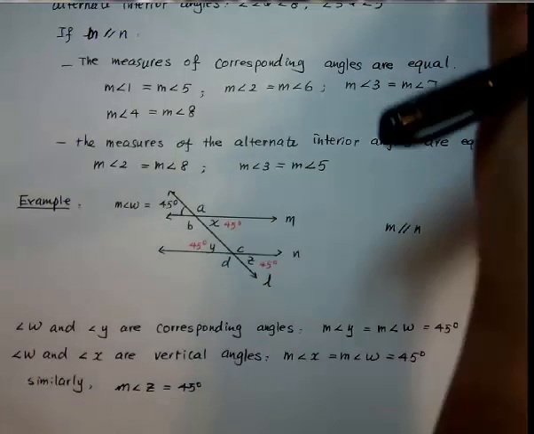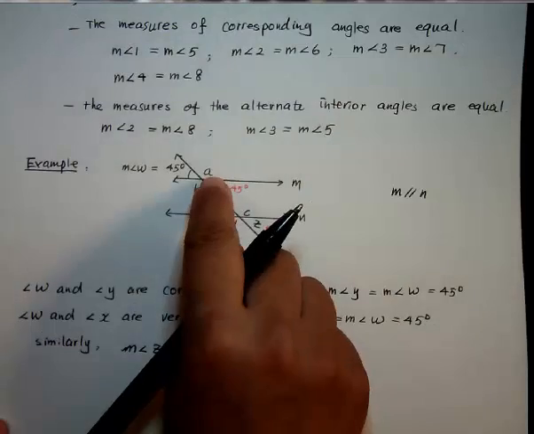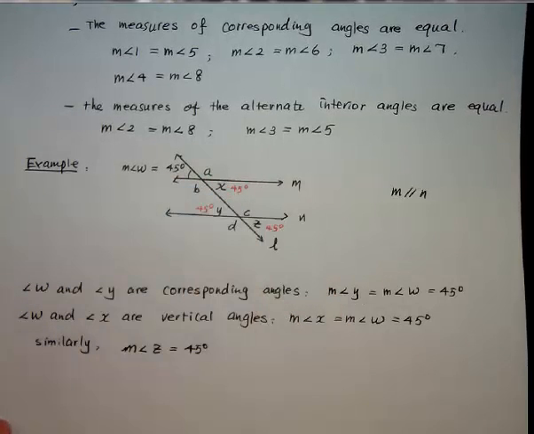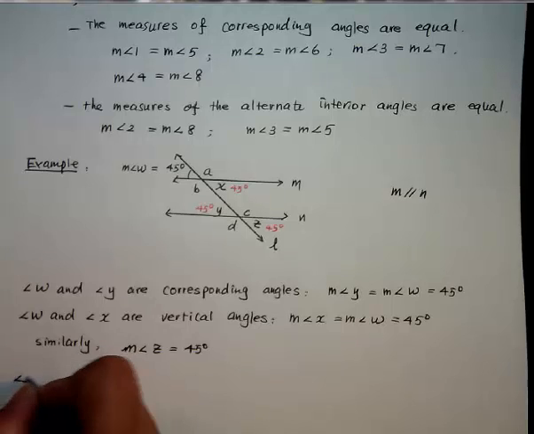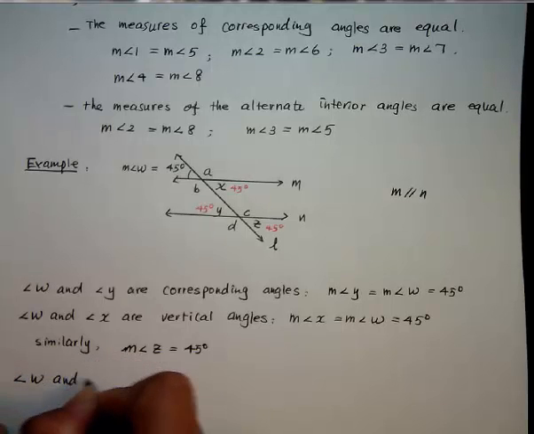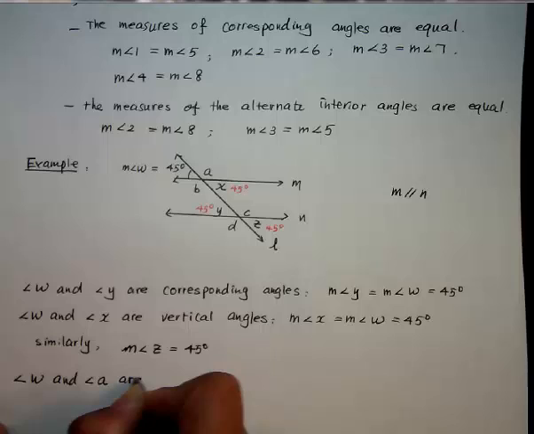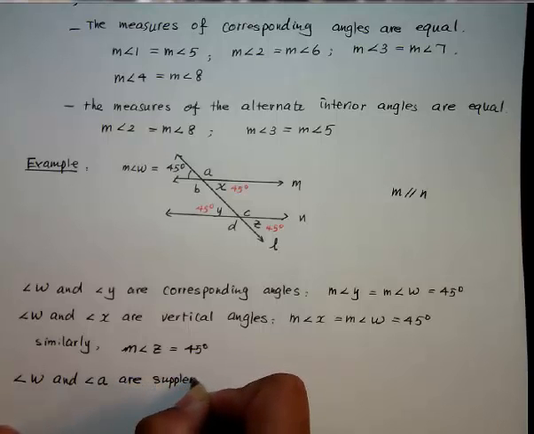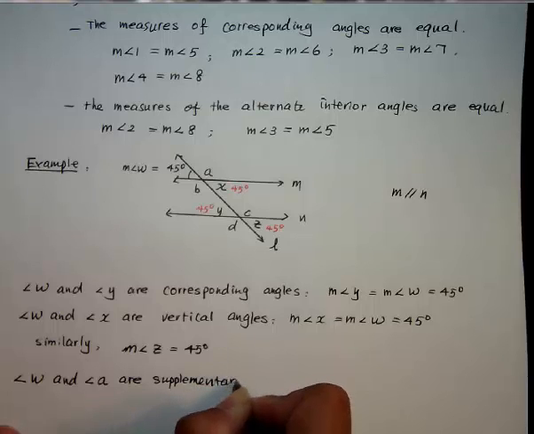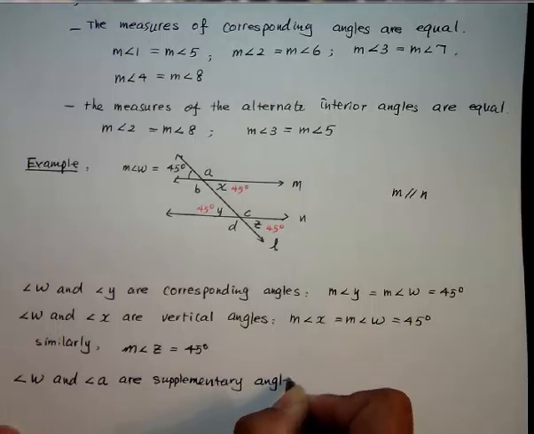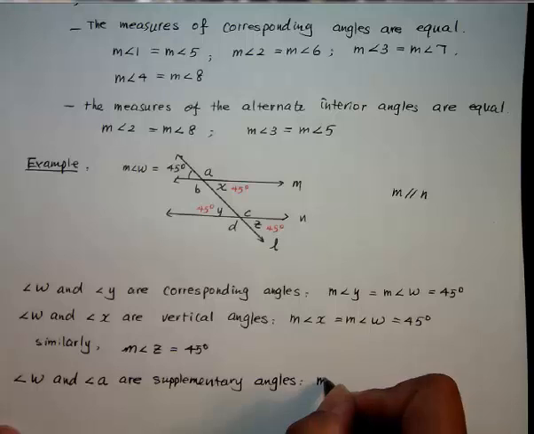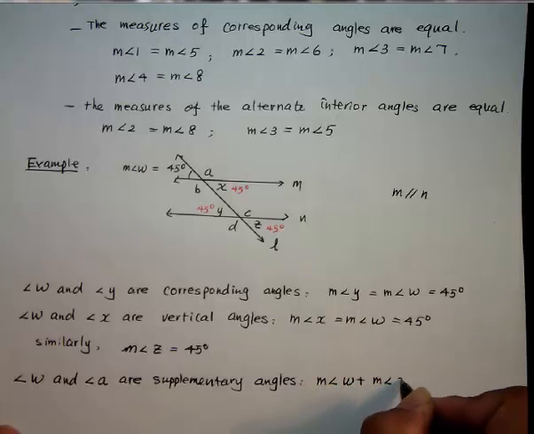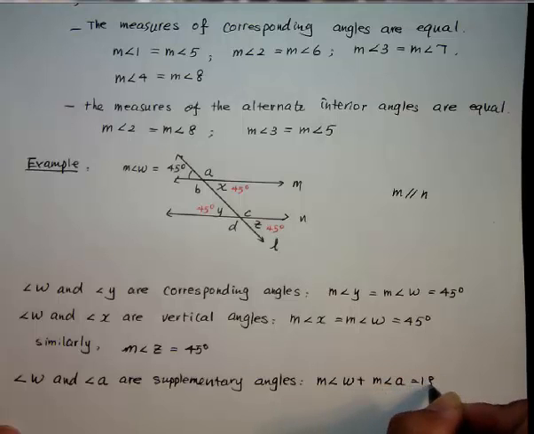Let's go back to angle W. Angle A and angle W are supplementary angles, which means the measurement of angle W plus the measurement of angle A will give us 180 degrees.